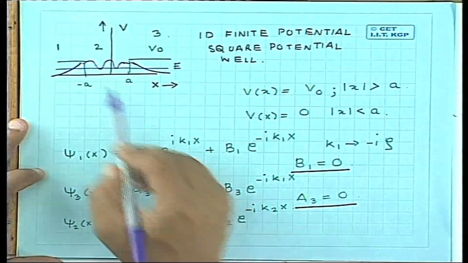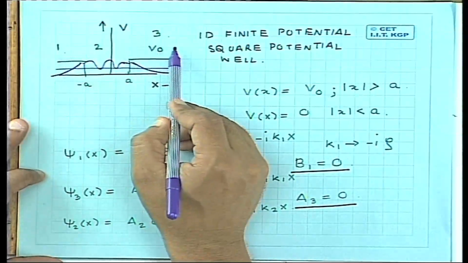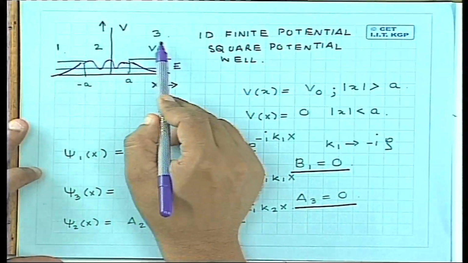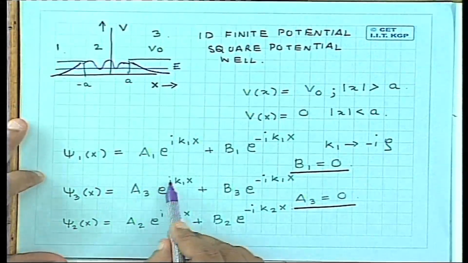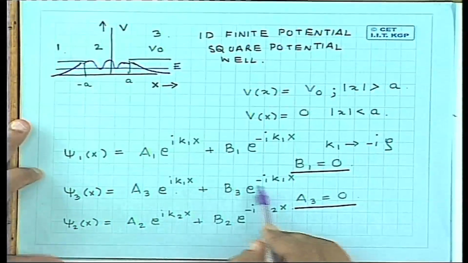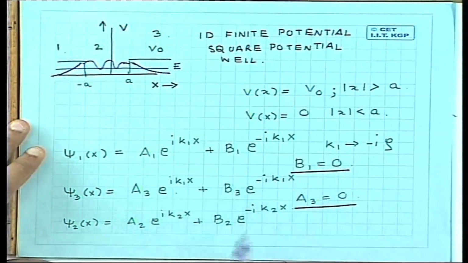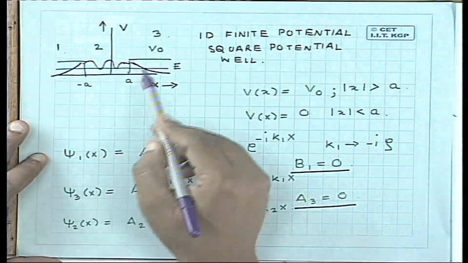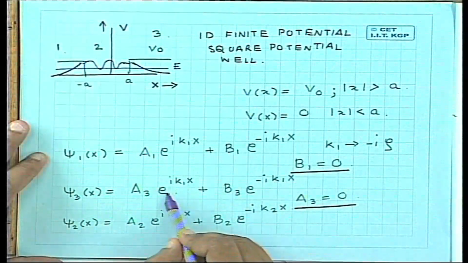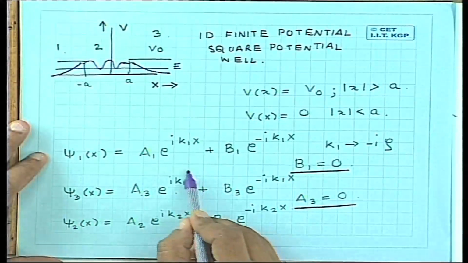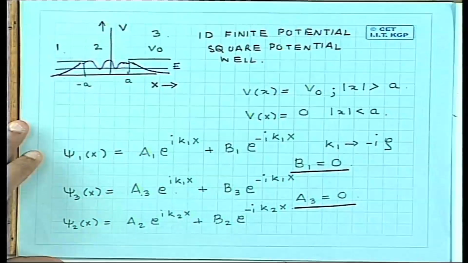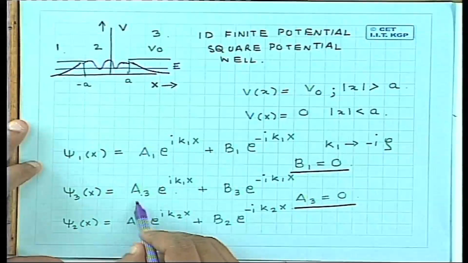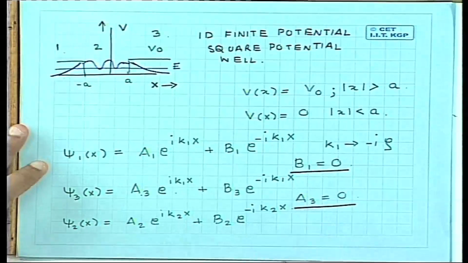The values of k in this region and region 1 are the same because the energy and the potential are both the same. As x goes to infinity, the A3 part of the wave function will blow up. So this implies that A3 should be equal to 0.